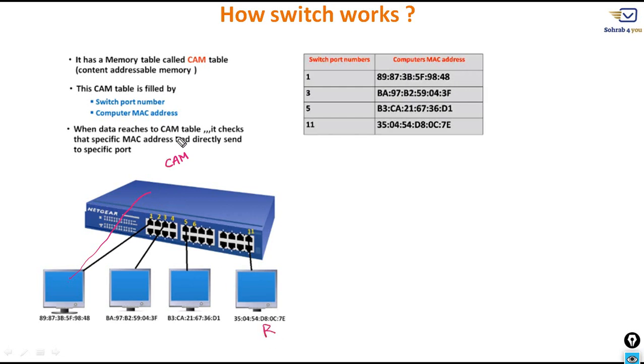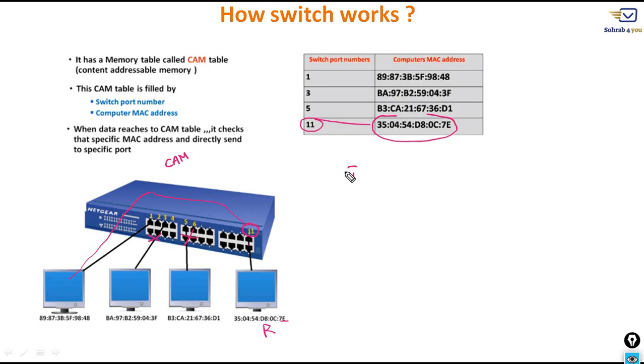Now, the switch asks which port the MAC address 350458 D80873 belongs to. So it checks the table and sees that this MAC address connects to port number 11. So it brings the data directly to port number 11. It's not going to send here, and it's not going to send here. This is how the switch works.